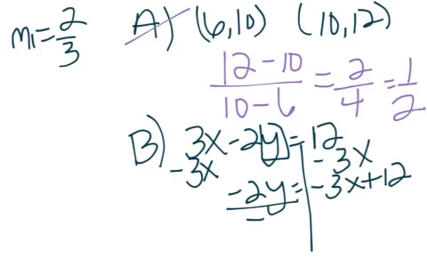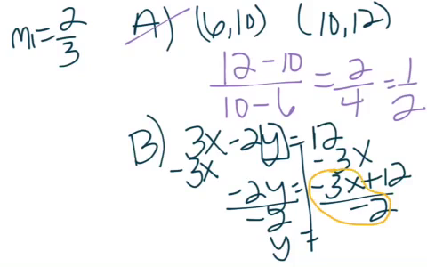Now I divide by negative 2, and I get y equals. Now look at this. This is a negative divided by a negative, which gives me a positive 3 over 2x. This is a positive divided by a negative, which is going to be a negative 6.